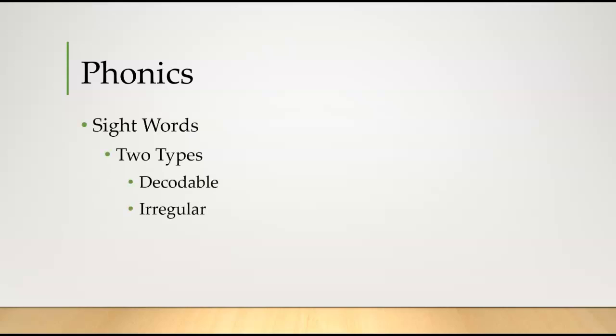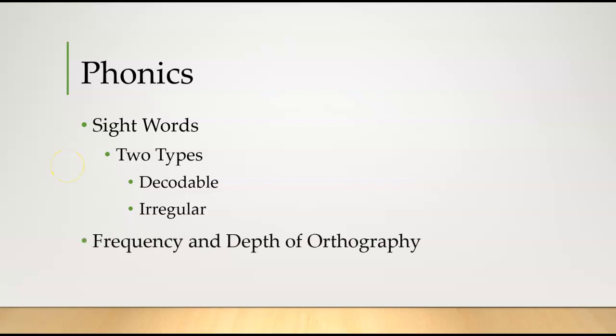Okay, so phonics, we talked about it last week. I would like to say a little bit more about it because, where to begin? Maybe you've heard of sight words, maybe you haven't. I've heard that term used for two different types of words in our language.